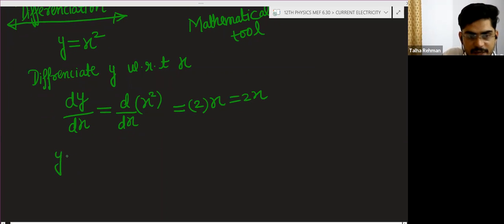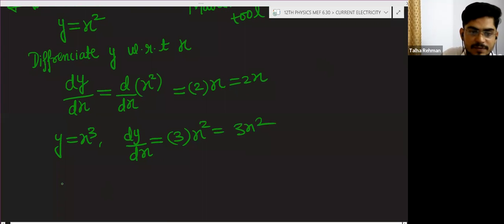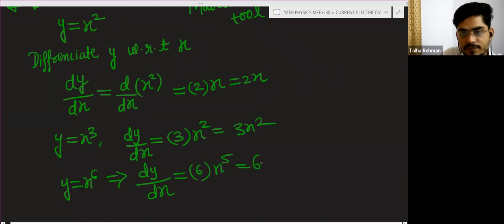If y is equal to x cube, and you want dy by dx, write 3 here and decrease 1 power, so it becomes 3x square. If y is equal to x to the power 6, write 6 here and decrease 1 power, so it becomes 6x to the power 5.